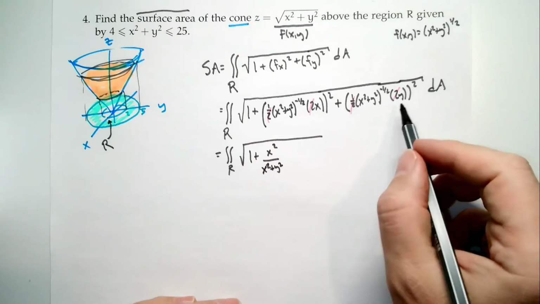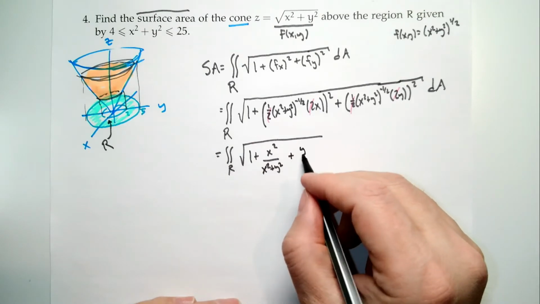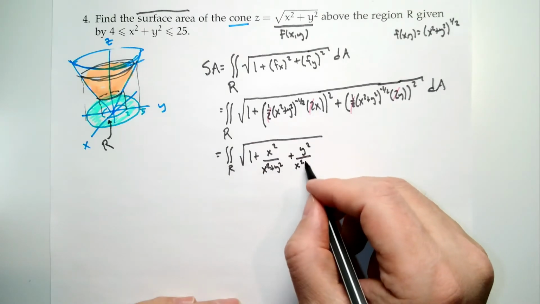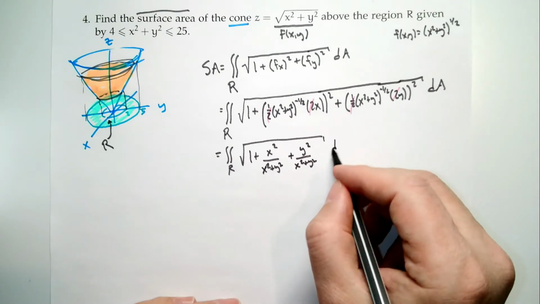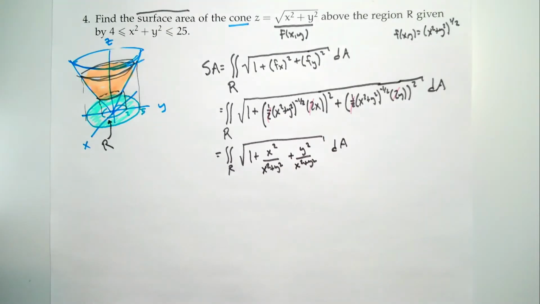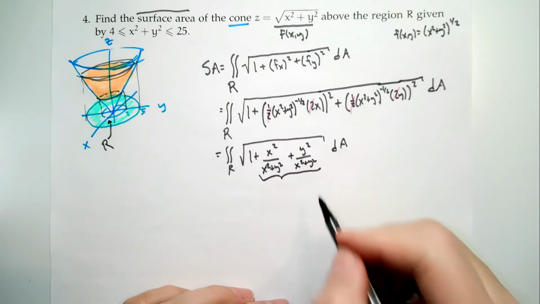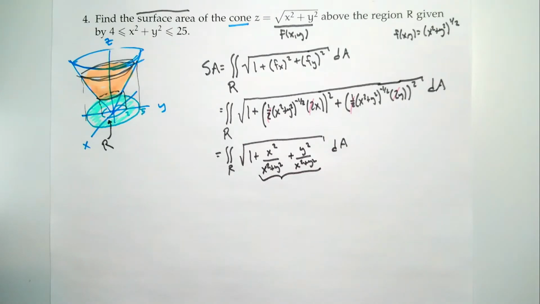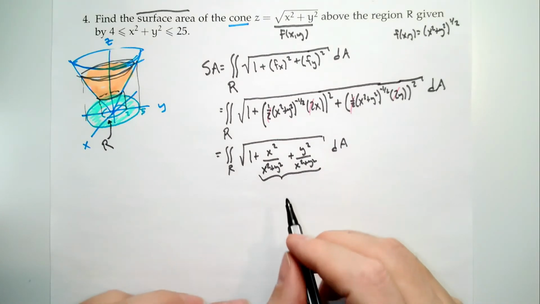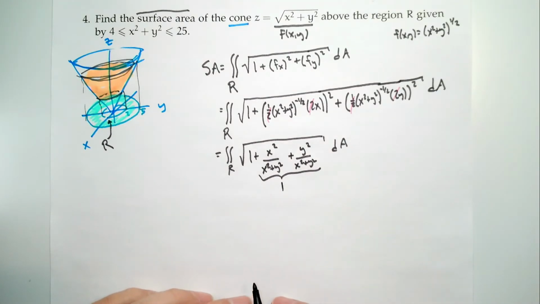The second term is almost identical, except it's y squared over x squared plus y squared. Now, if you stare at this, but not too long, what do you notice about these two terms? What happens when you add them together? Well, you'll end up with x squared plus y squared over x squared plus y squared, also known as 1.